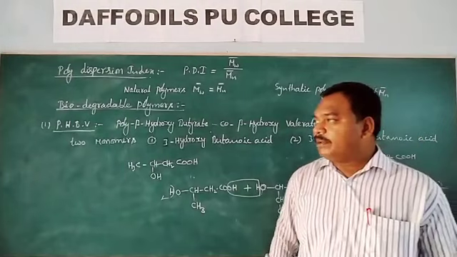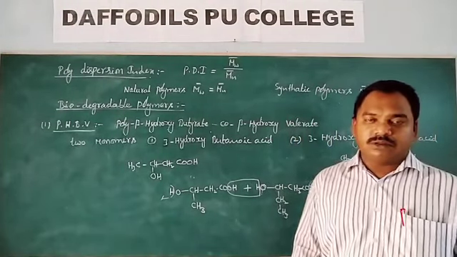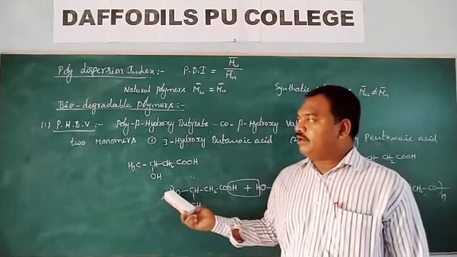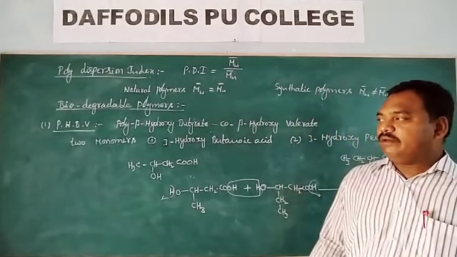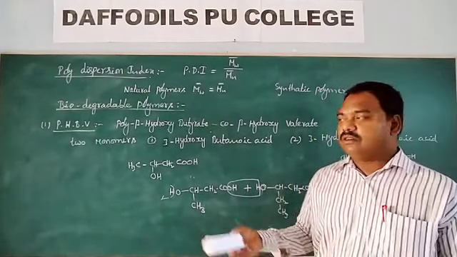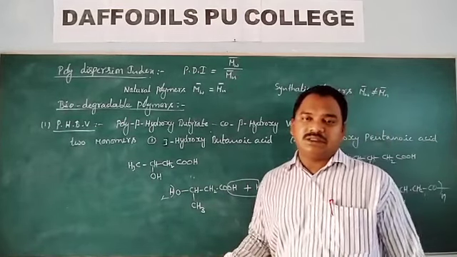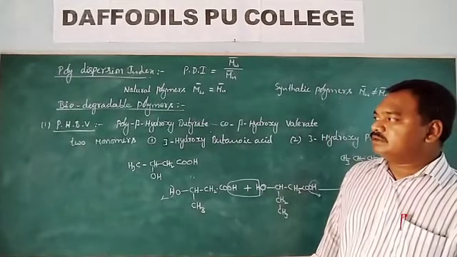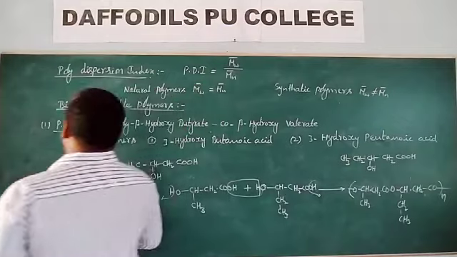Orthopedic devices means, when bones are broken, these biodegradable polymers are useful. When bones are connecting, these biodegradable polymers slowly dissolve in the body. So this is one example, PHBV.